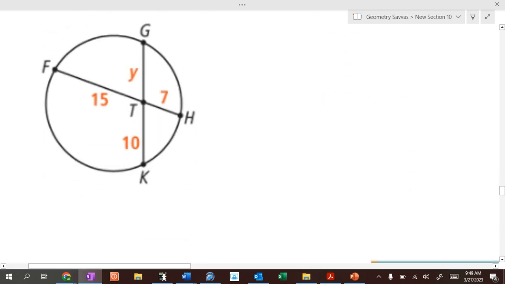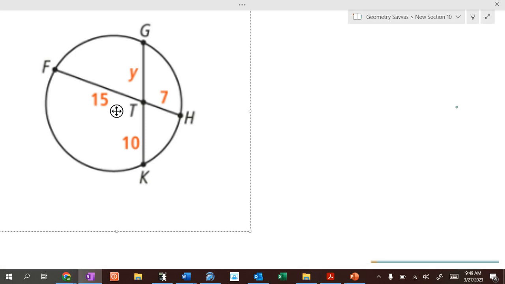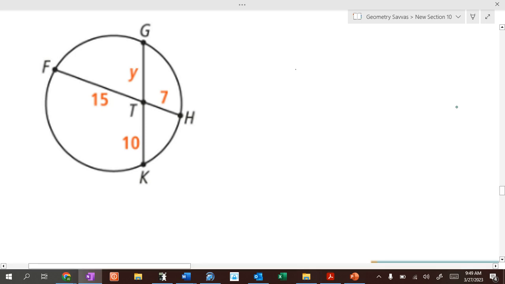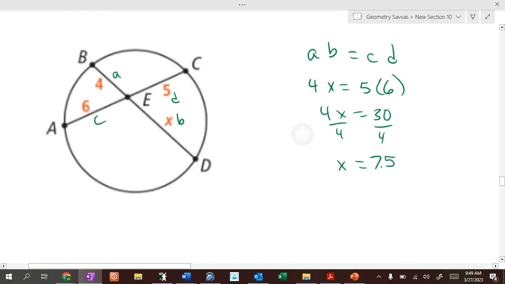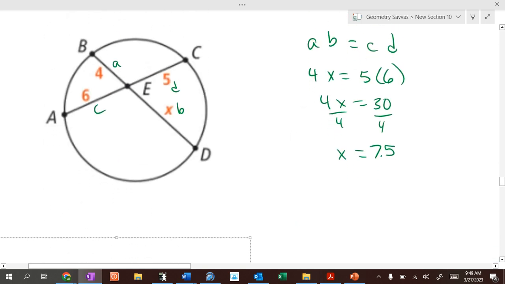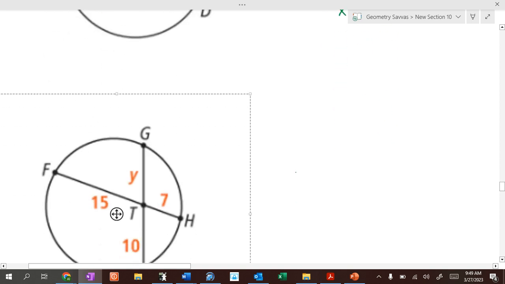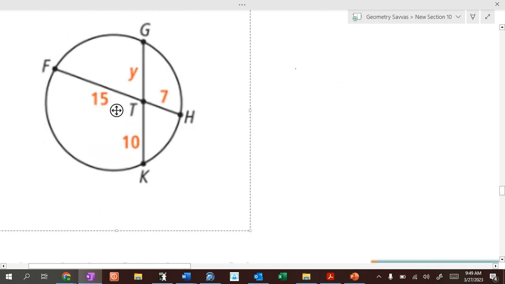So how do we figure out y then? Cheyenne, how do we figure out y? We just did one just up here. We took this times this equals this times this, right? So isn't it the same thing?